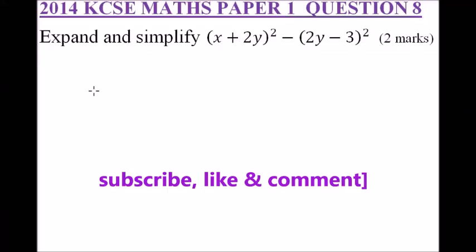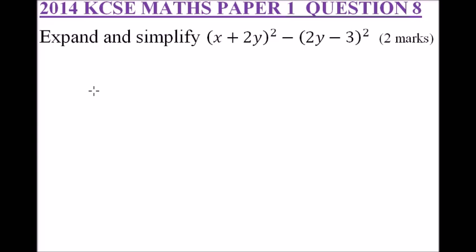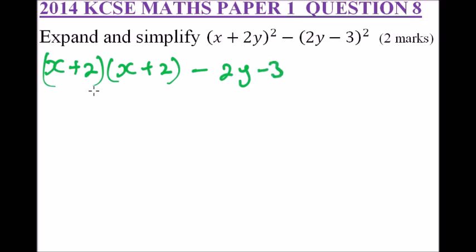2014 paper 1 question 8, we are told to expand and simplify (x + 2y) squared minus (2y minus 3) squared. So we can write this as (x + 2)(x + 2) minus (2y minus 3)(2y minus 3).